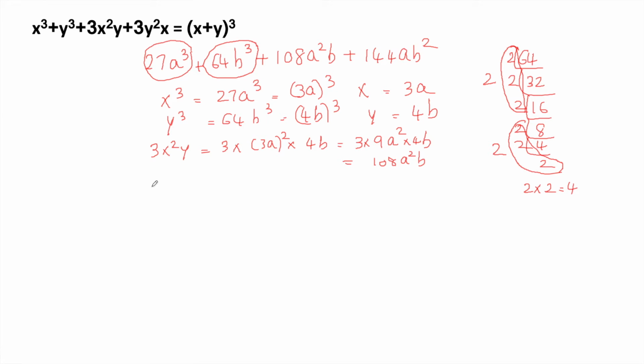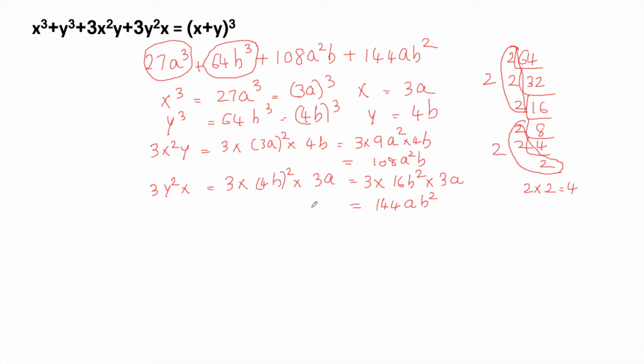And you can check 3y square x also. That is 3 into, what is y here, 4b square, into 3a. That means 3 into 16b square into 3a. When multiplying it you will get 144ab square. So everything is verified here.